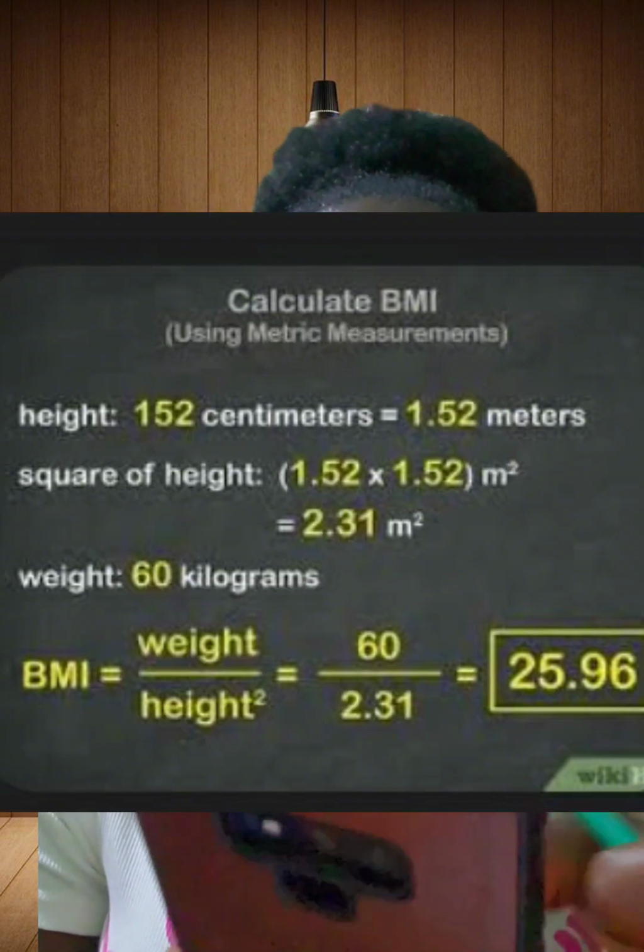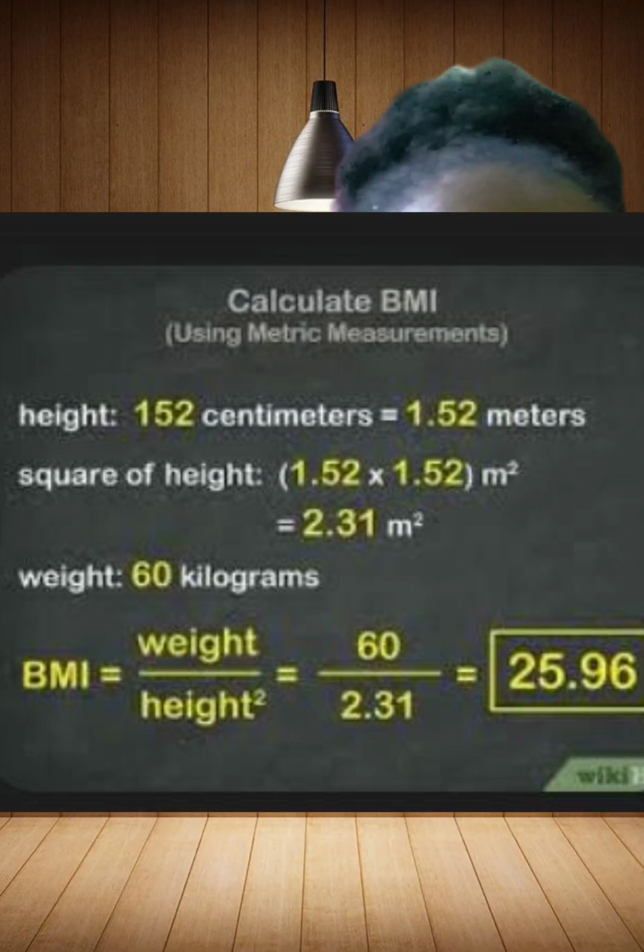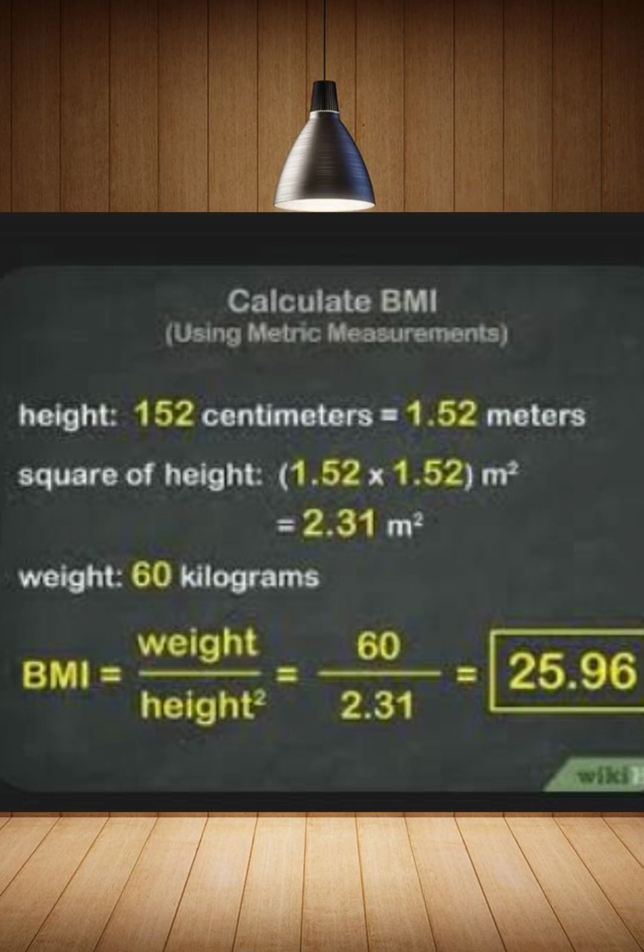BMI is calculated using this formula, which I'm going to show you from my phone. As you can see, the World Health Organization has classified it this way, a method which is accepted and used to calculate the BMI.